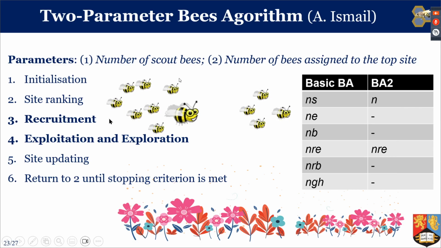In the exploitation and exploration phase, we do something different as well. We allow these foragers, these follower bees, some of them to do exploration and others to do exploitation. In the case of the best bee, a lot of the bees will follow the best bee and do exploitation.